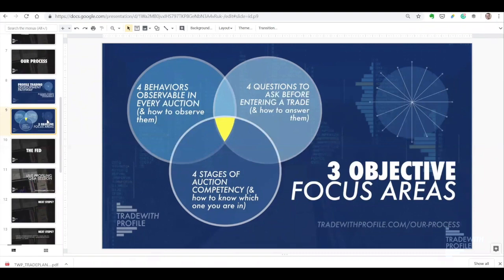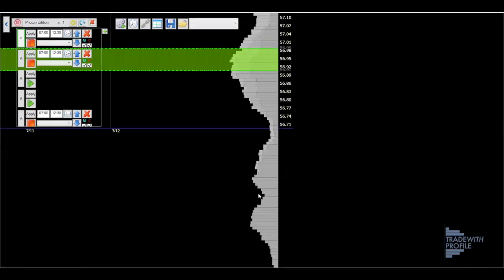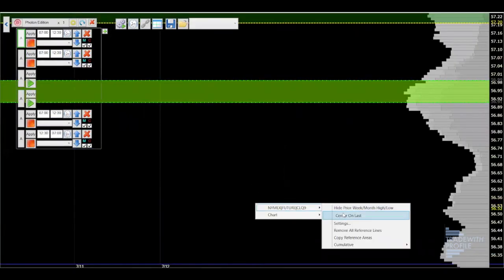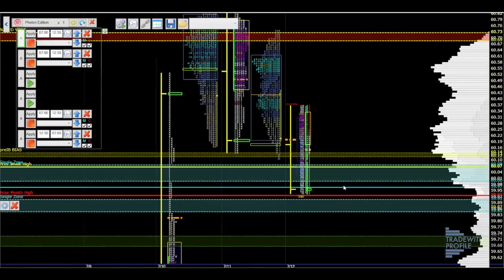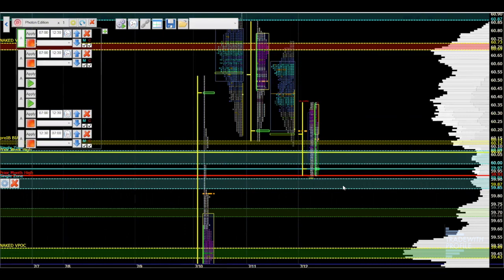I'm getting some alerts here. It looks like Crude is pushing. What's going on with my data feed? Let's look at this real quick. Oh yeah, cleaning up those single prints. Hang on a second. I've been waiting for this, and I'll explain what I'm looking for here in just a second. How about that?